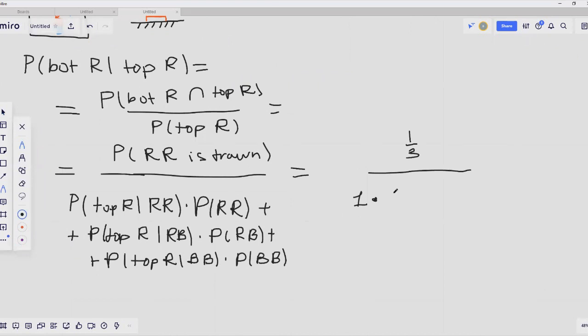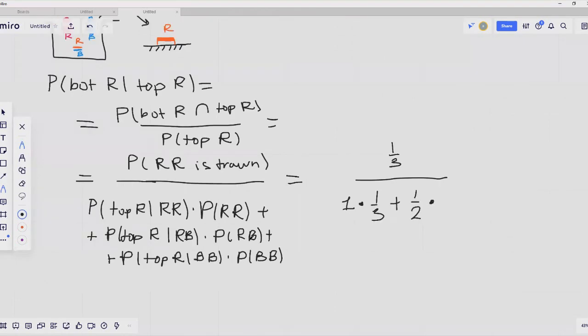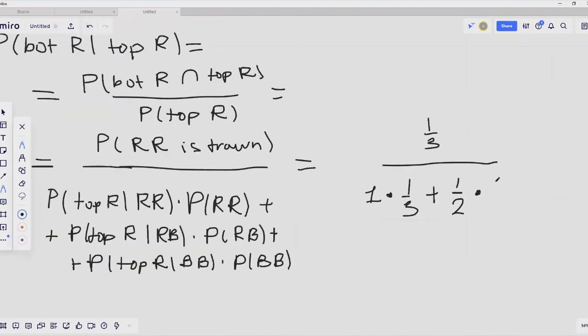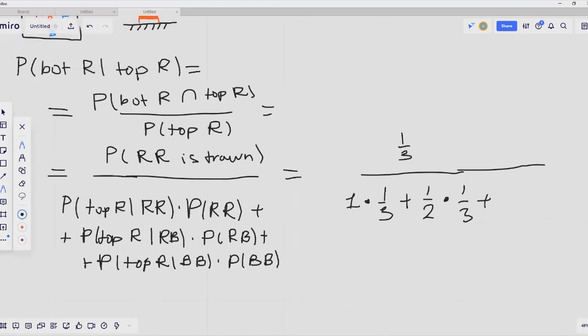Multiplied by the probability of drawing the red-red chip, which is 1/3, plus the probability that the top color is red given that the red-blue chip is drawn, which is equal to 1/2, multiplied by the probability of the red-blue chip being drawn, which is 1/3. Plus, what is the probability that the top color will be red given that the blue-blue chip is drawn? It is equal to 0, multiplied by the probability of the blue-blue chip being drawn, which is 1/3.